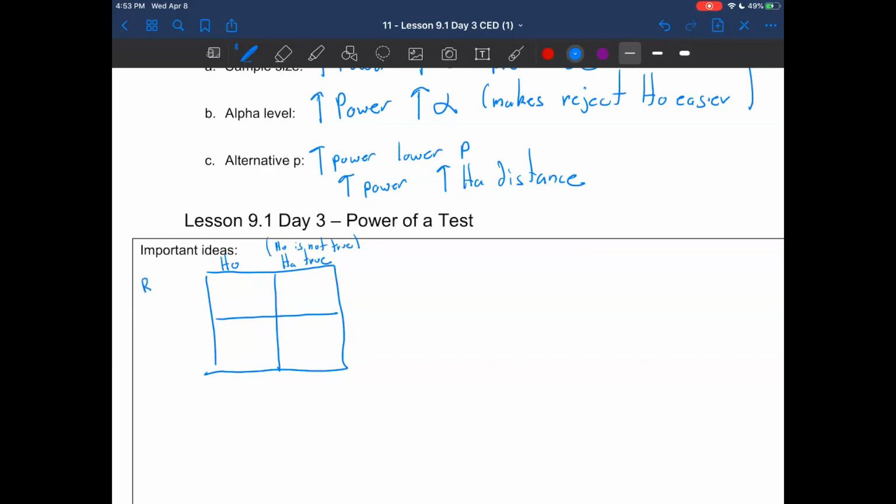Okay, we can either reject the null hypothesis or we can fail to reject. So, if our null hypothesis is true and we reject the null hypothesis, that's going to be our type 1 error.